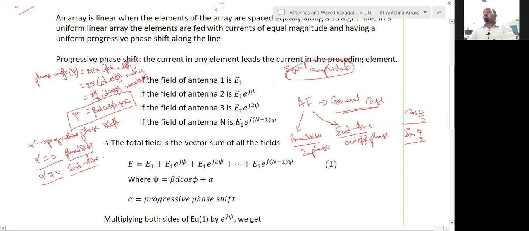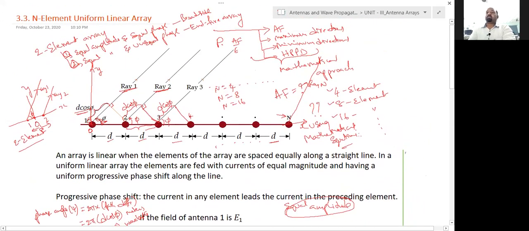So now, the field radiated by antenna 1 is E1 e power j psi 0, right? And the field radiated by antenna 2 is E1 e power j psi.